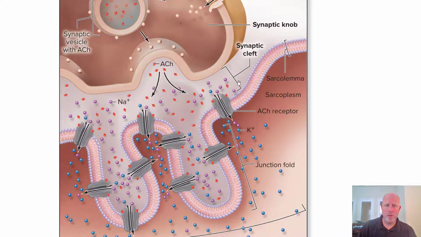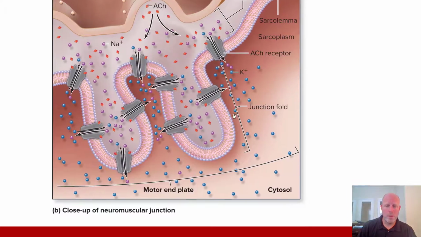Our synaptic cleft here, and acetylcholine here. So sodium, the sarcolemma barrier, and here we have our acetylcholine receptor with the channel here, and we have our junction fold here, and this being the entire motor end plate.